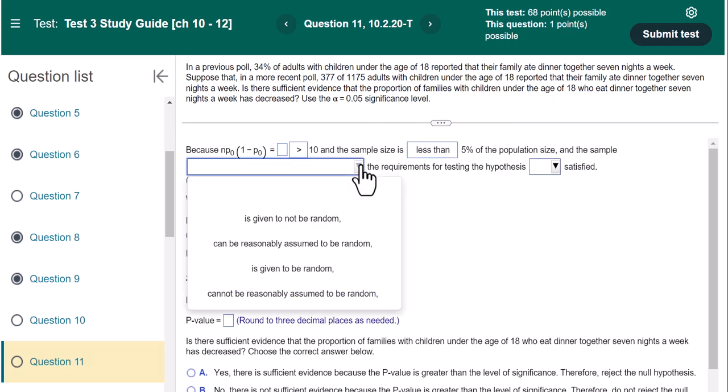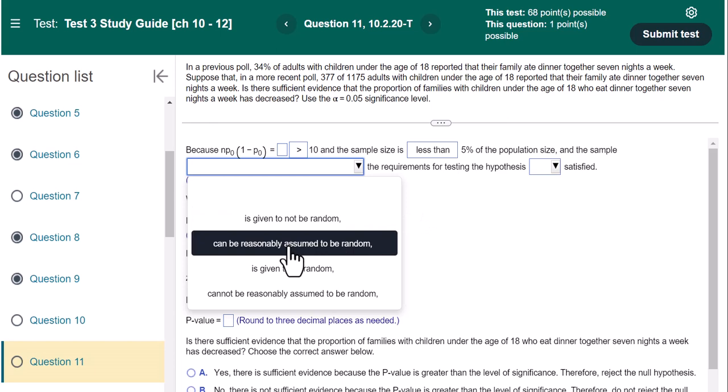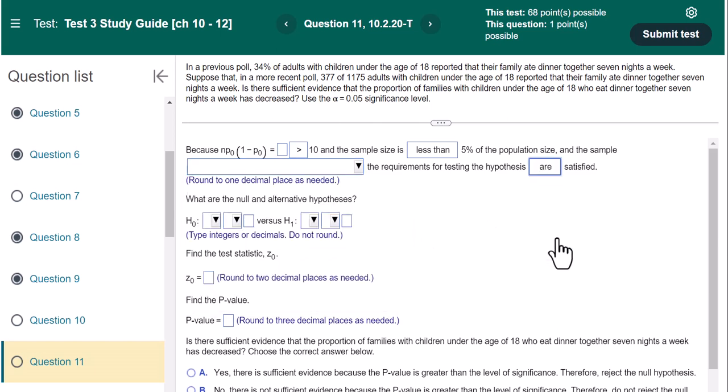And the sample is given to be random, or can be reasonably assumed to be random, of course. If he doesn't say it, just assume it is random. Then the requirements of the test and hypotheses are satisfied.